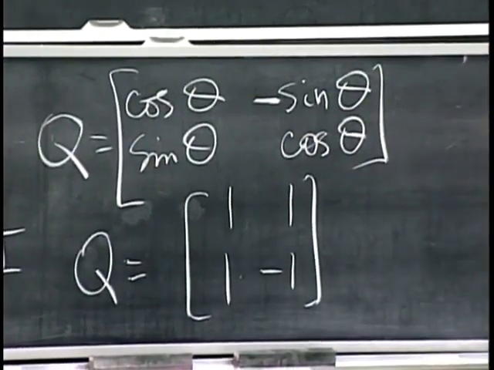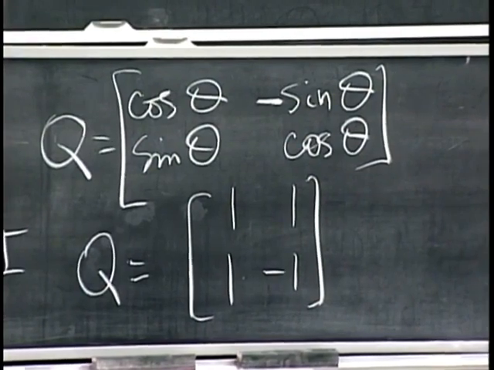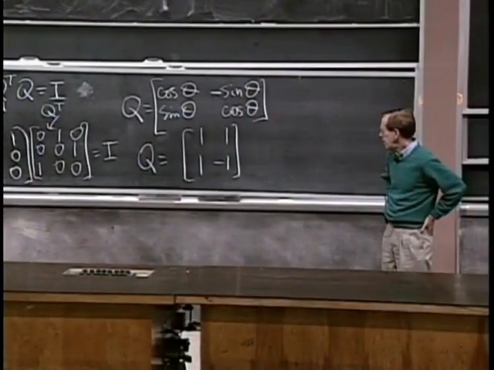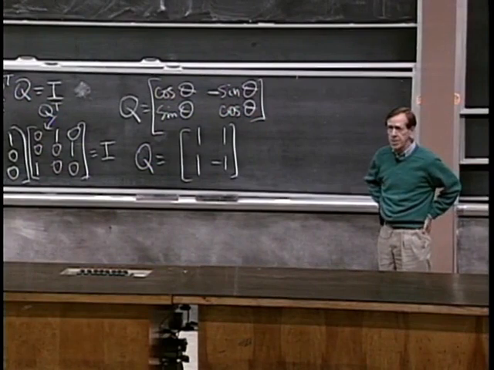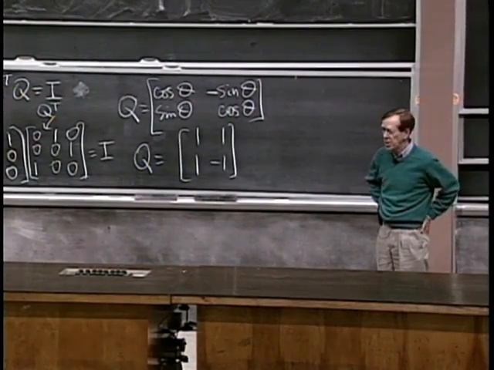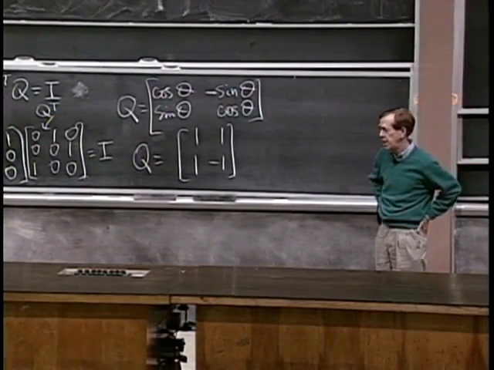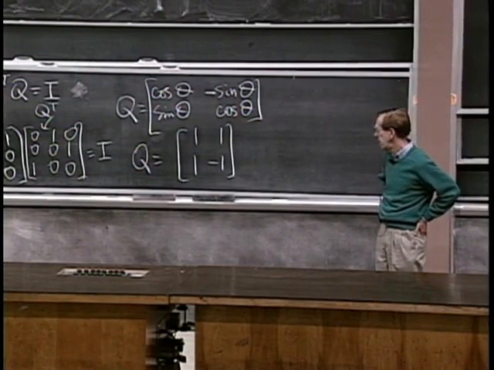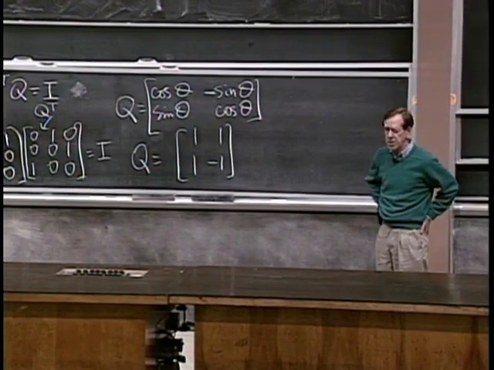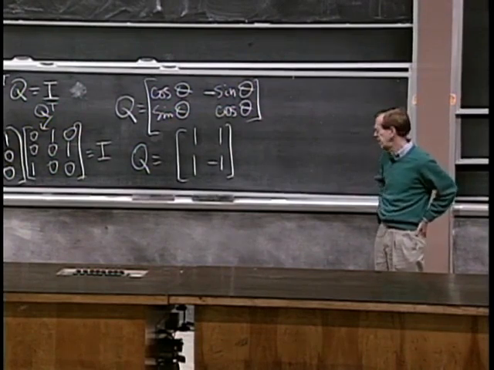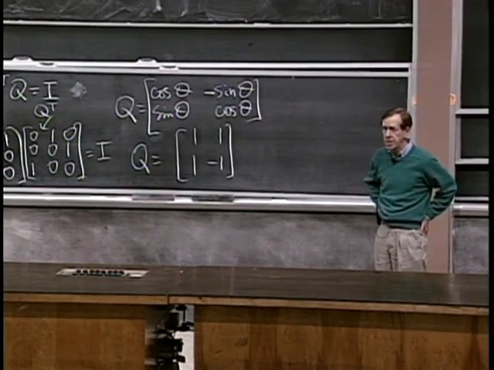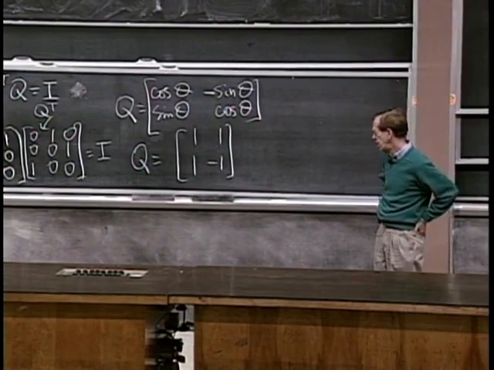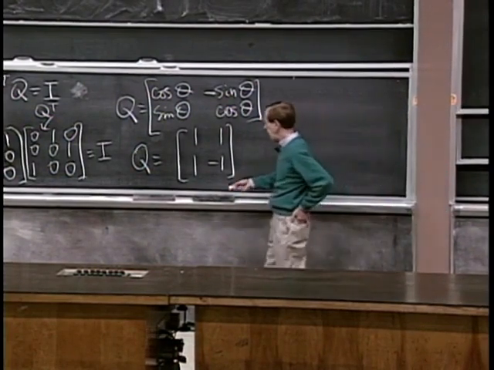Is that an orthogonal matrix? I've got orthogonal columns there, but it's not quite an orthogonal matrix. How shall I fix it to be an orthogonal matrix? Well, what's the length of those column vectors? The dot product with themselves is, right now, 2.